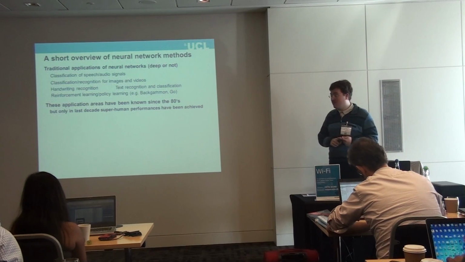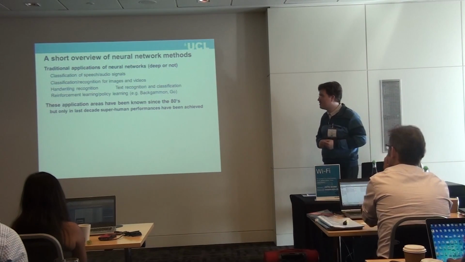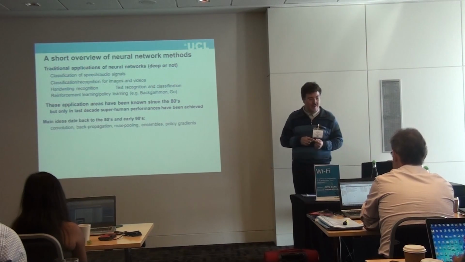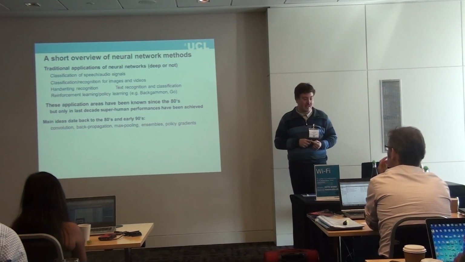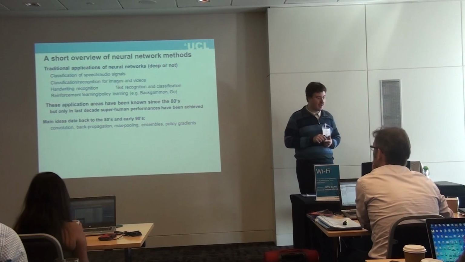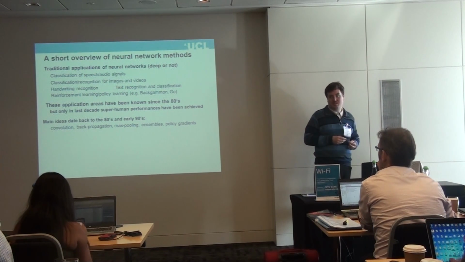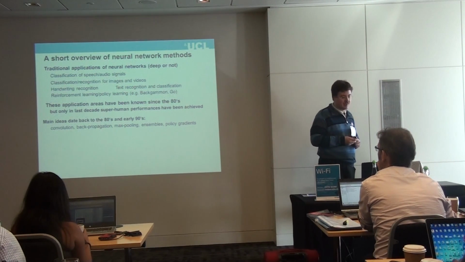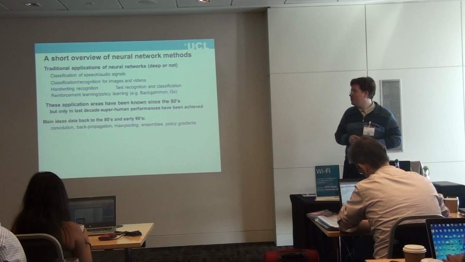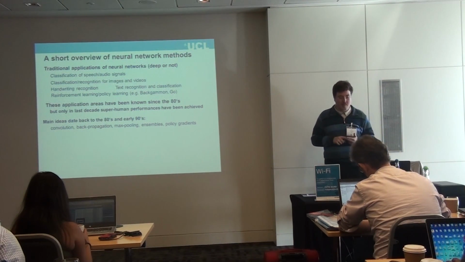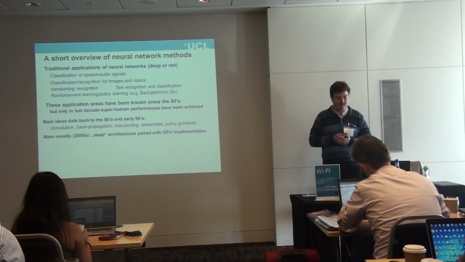But the spectacular successes in the last decade, if you ask the experts, I'm not a neural network expert, are due not to new technical ideas, though of course a number of ideas have been added over time. The main ideas have also been there since the 80s or the 90s, such as convolution, backprop, pooling, ensembles.